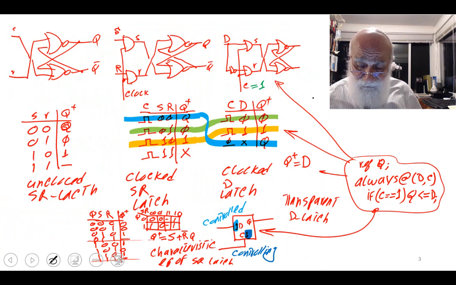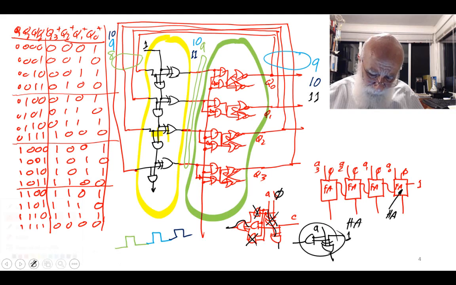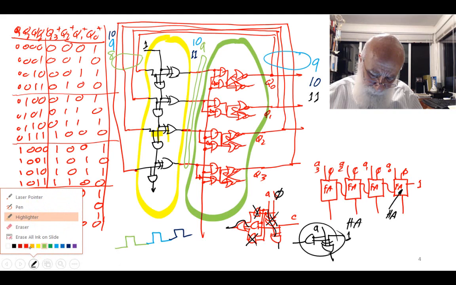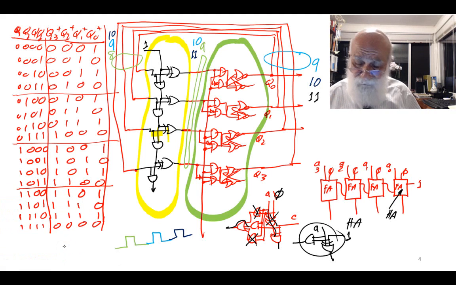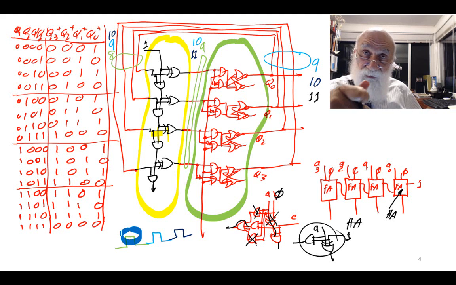But let's go back and look at something here. Remember I said this is transparent. What it means is that during the time that my clock is 1 here, these 4 structures, all of them, are transparent.